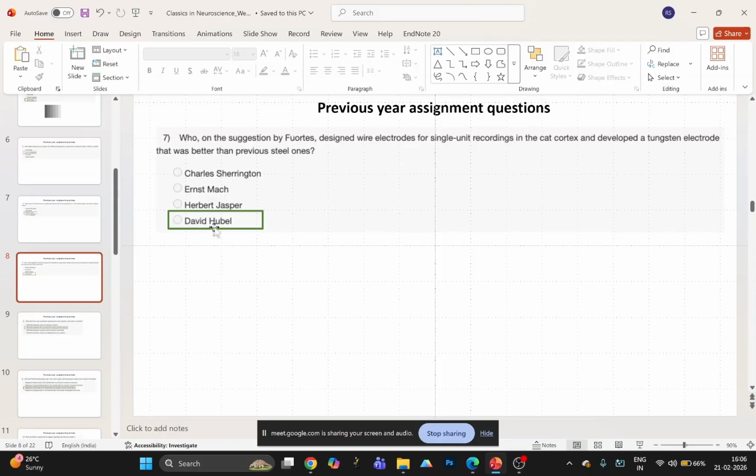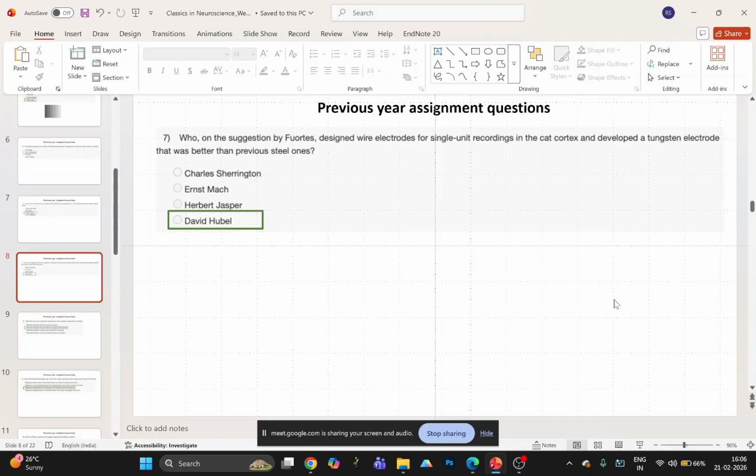So the answer to this question is David Hubel, because he was the one who first managed to develop a tungsten electrode that was way better than the previous metal ones. In addition, he also came up with electrodes that could leave a trace of where they were recording.